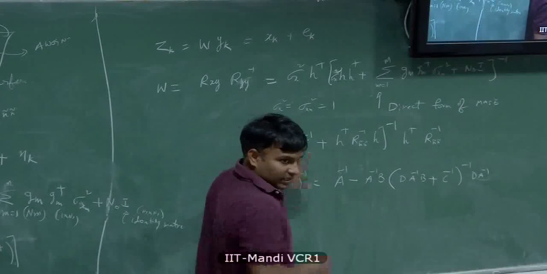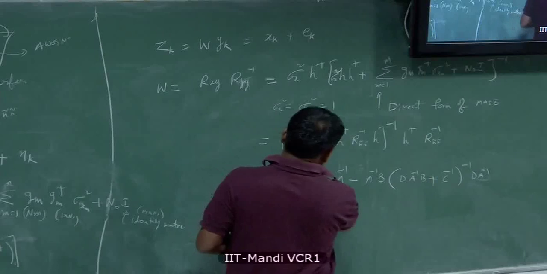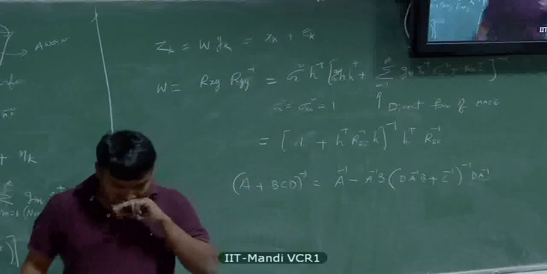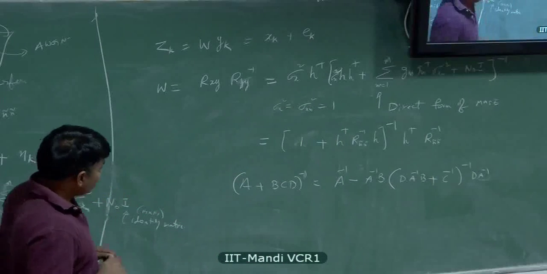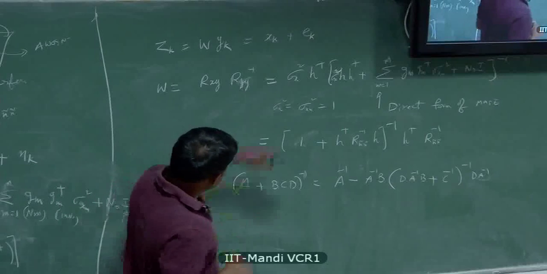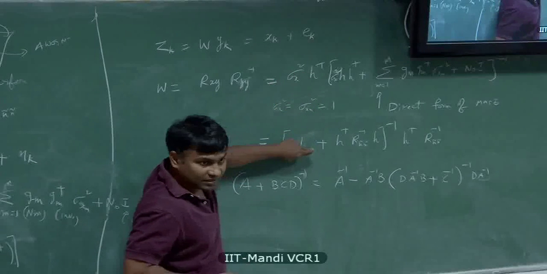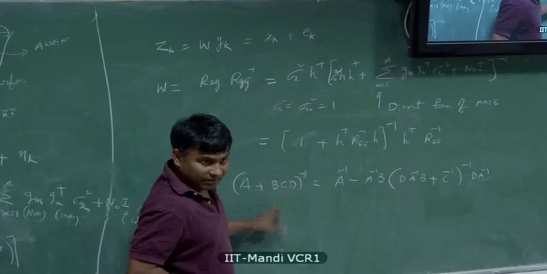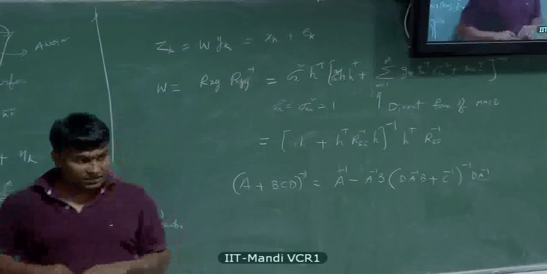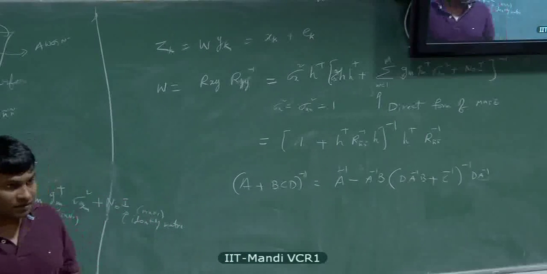You can put it as 1 here if you want. So from here to here, you have to use this formula. I won't show you all the detailed steps involved.